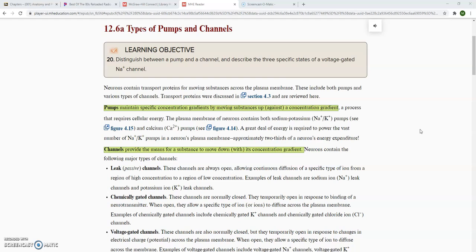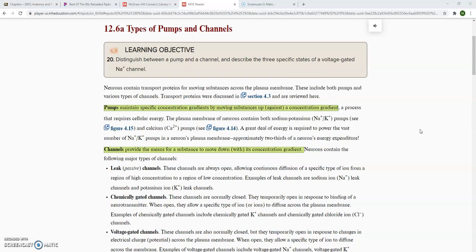So what it's doing is moving some sort of ion against, or up, its concentration gradient. It's moving an ion from an area where it's already in low concentration to an area where it's already in high concentration.